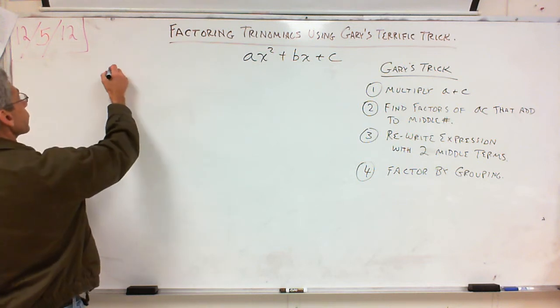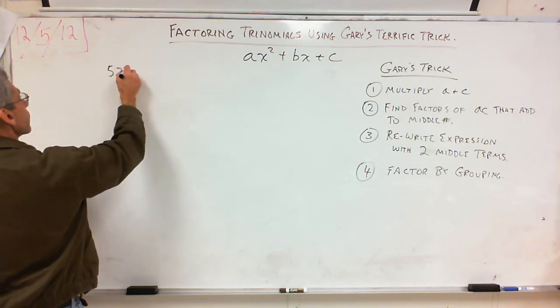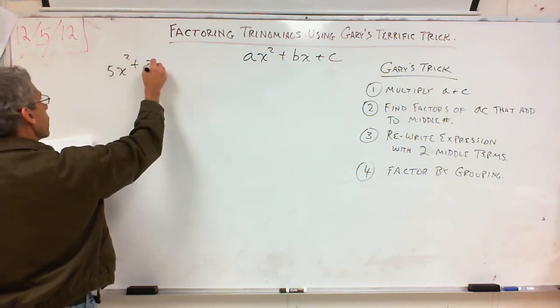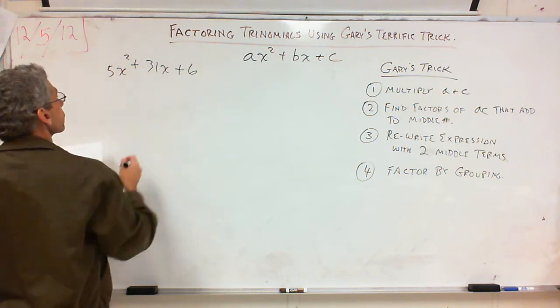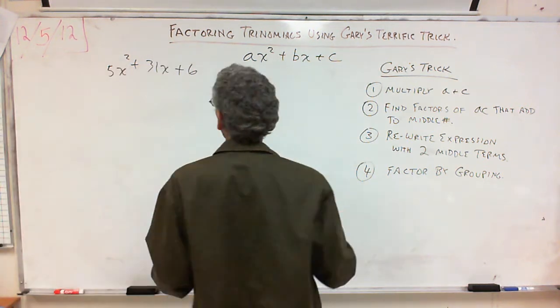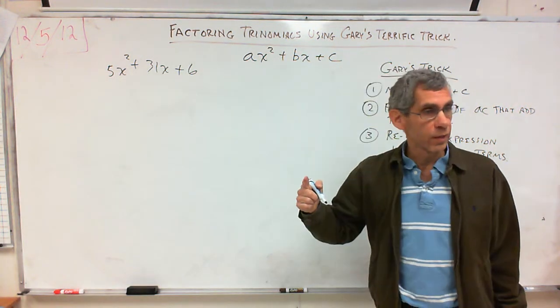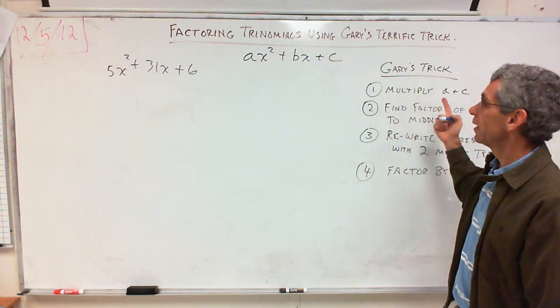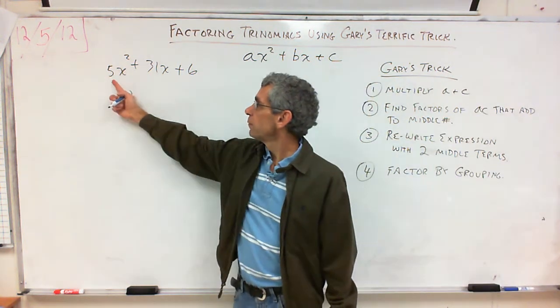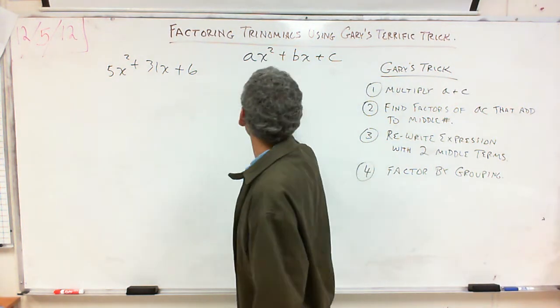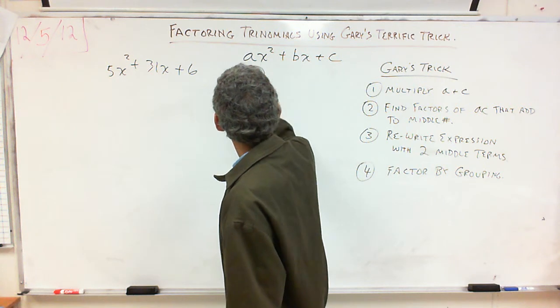So let's try another one. Let's try 5x squared plus 31x plus 6. So we're going to use our method. Multiply a times c. 5 times 6 is 30. Circle it to remember that.